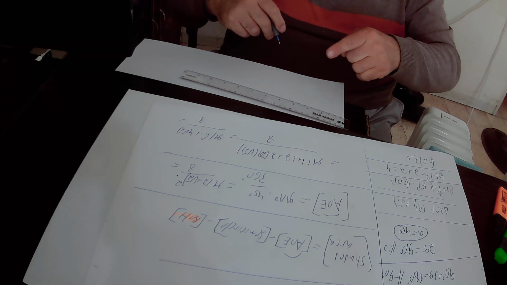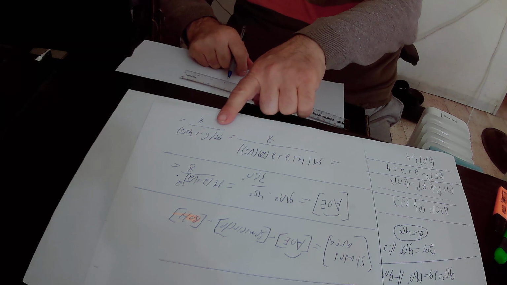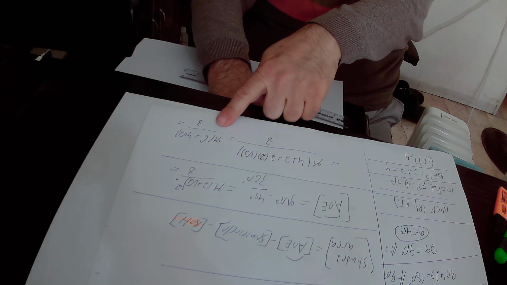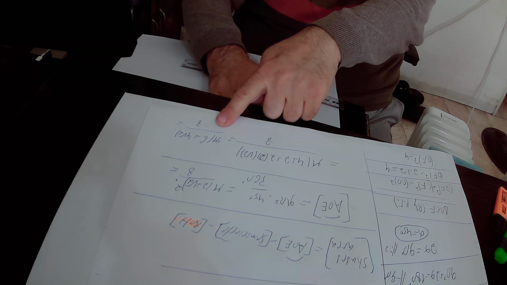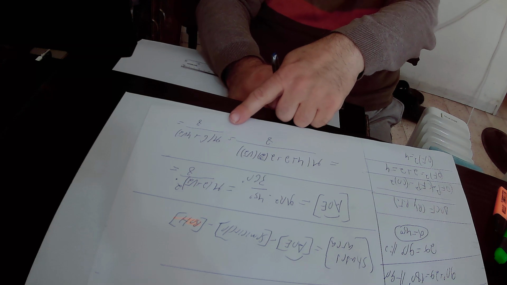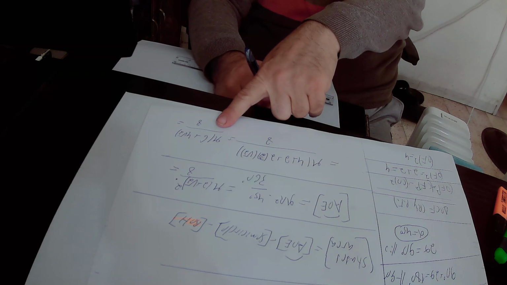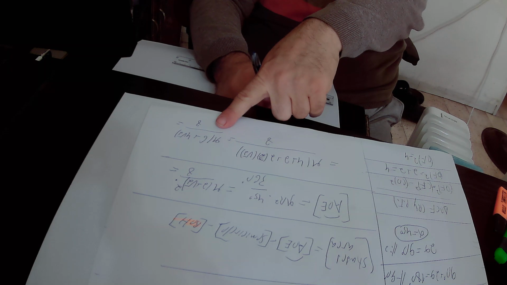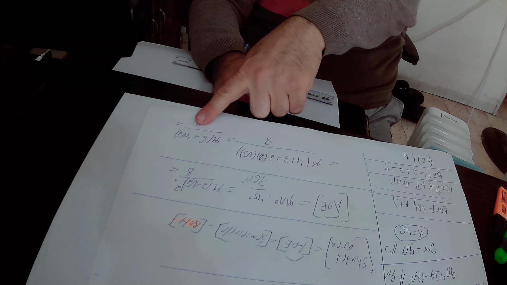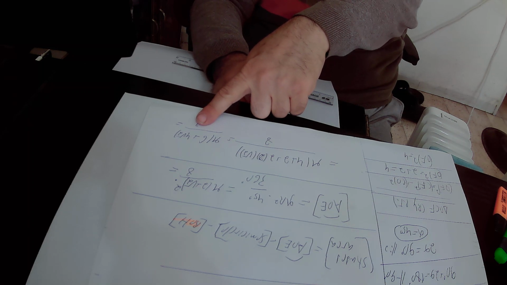Here we will divide both the numerator and the denominator of this expression by 2, and we get that the area of the big sector AOE is equal to pi, and inside the brackets we have 6, 6 over 2 is 3, plus 4 times square root of 2. 4 times square root of 2 over 2 is 2 times square root of 2.